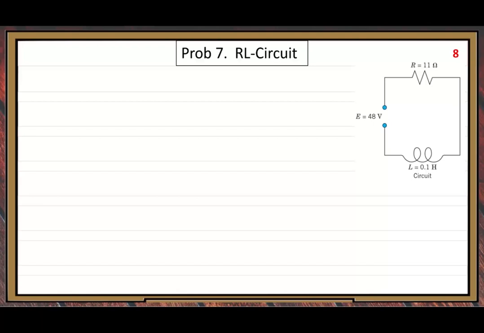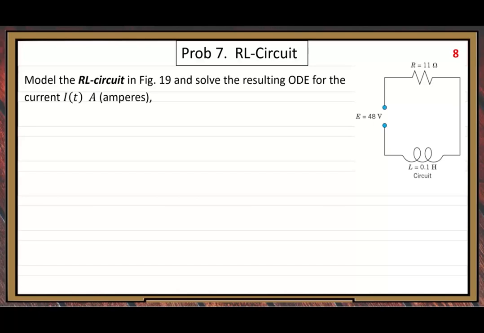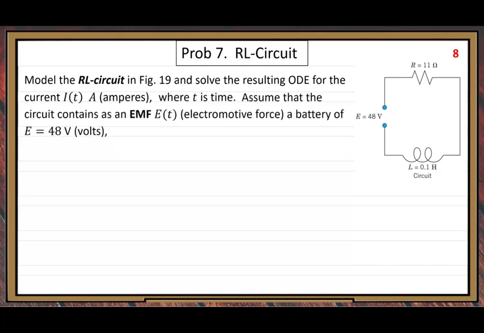Now the question. Our goal is finding the solution for this electric current I of t function. Assume the known information, so I just explained these 3 given data.